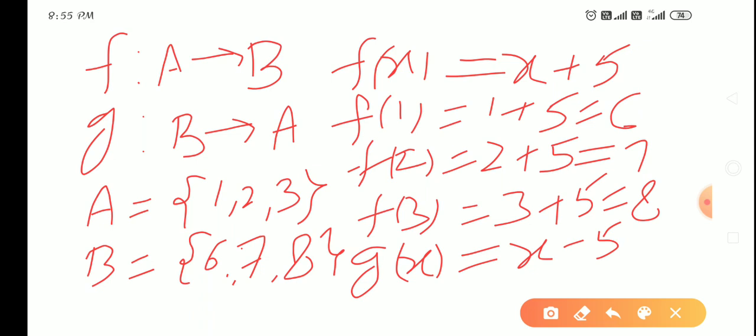So output of f is 6. If I put 6 here, then I will get 1, that is the input of f.